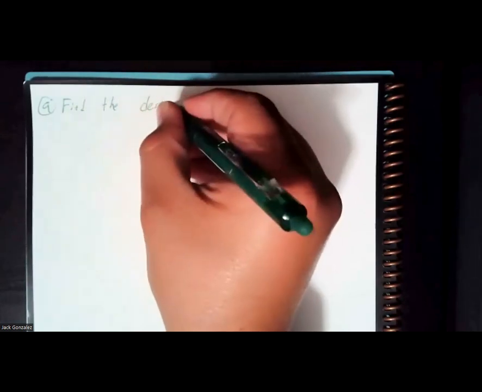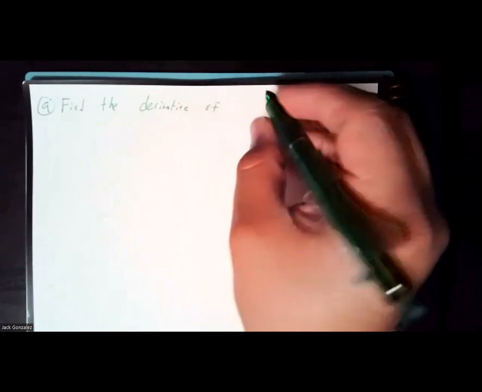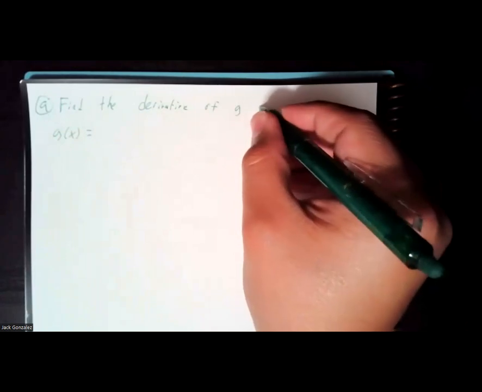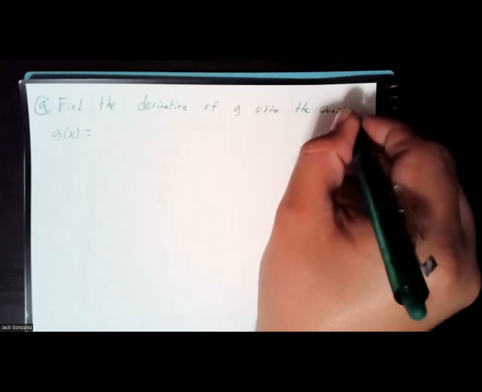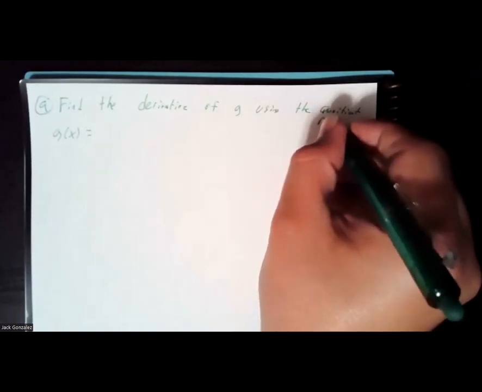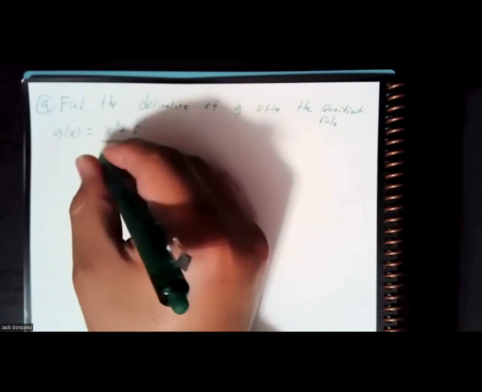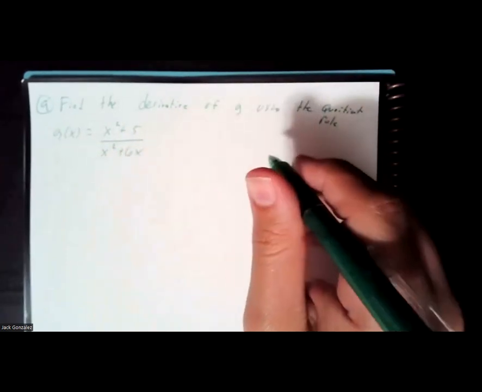Find the derivative of this using the quotient rule. I don't know why my paper looks like that.